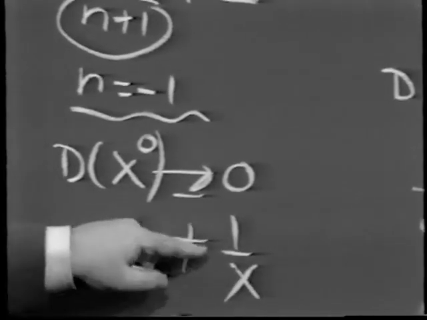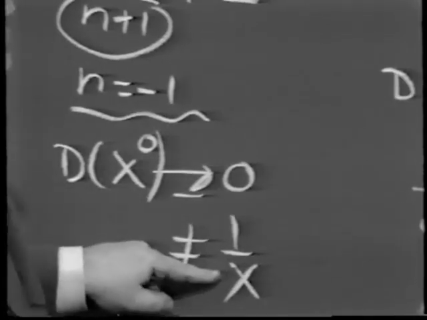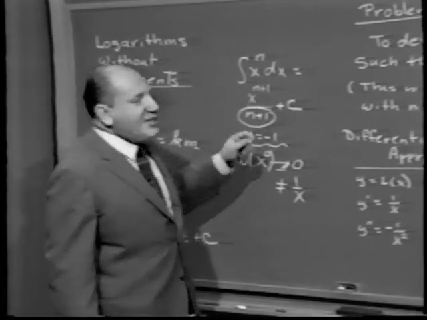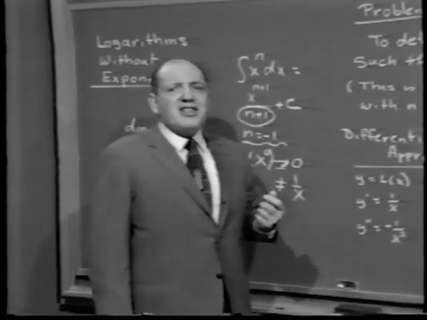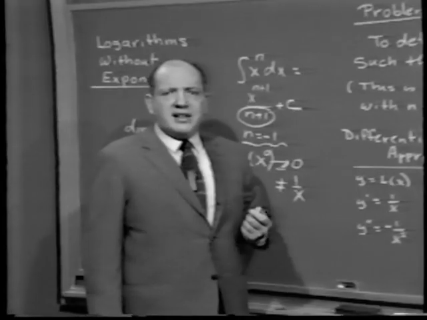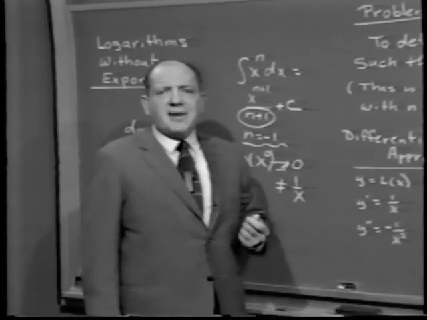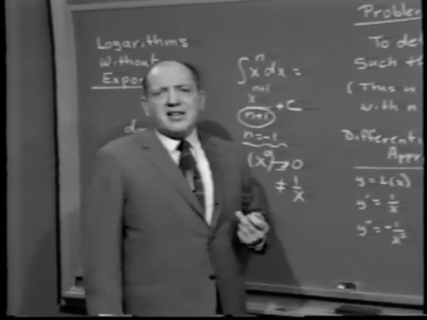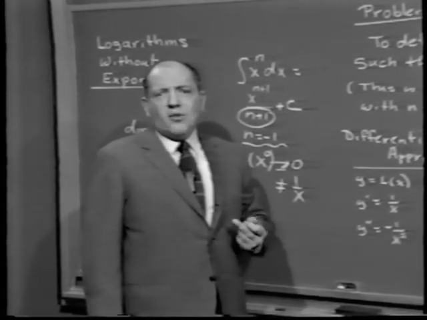In other words, this particular recipe that we were talking about, we don't have working for us. This is an interesting point again. You say, gee whiz, if the recipe for the integral of x to the n dx works for everything except n equals minus 1, nothing's perfect, let's be content. Since it works for every number except that one, why worry?